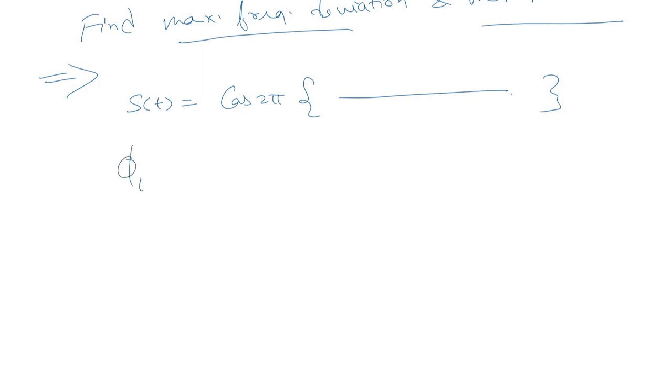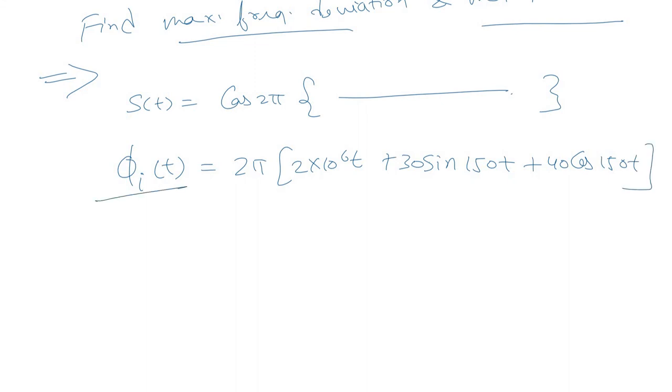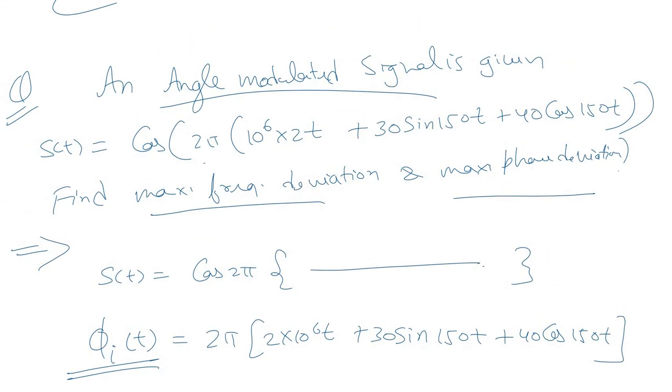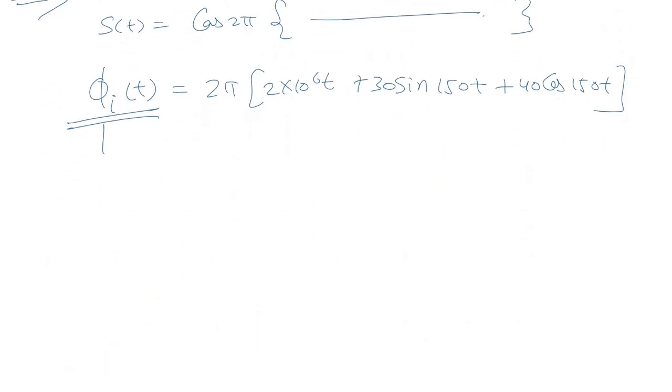So obviously the modulated angle phi i(t) is equal to 2 pi into the argument of the cos: 2 pi into 2 into 10 to the power 6 t plus 30 sin 150t plus 40 cos 150t. This is the modulated angle.